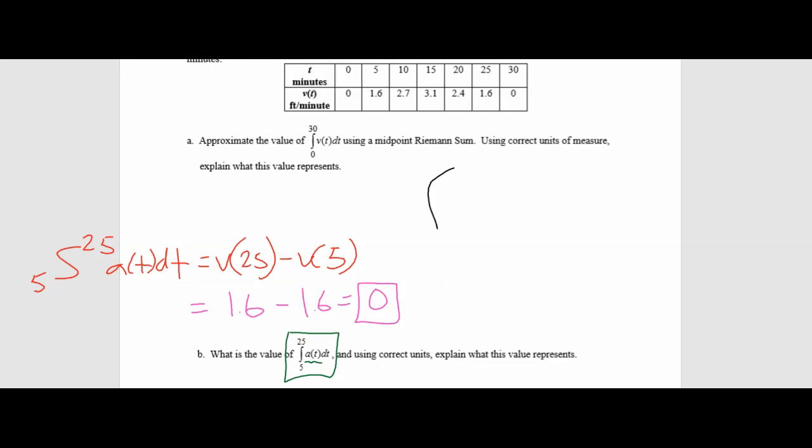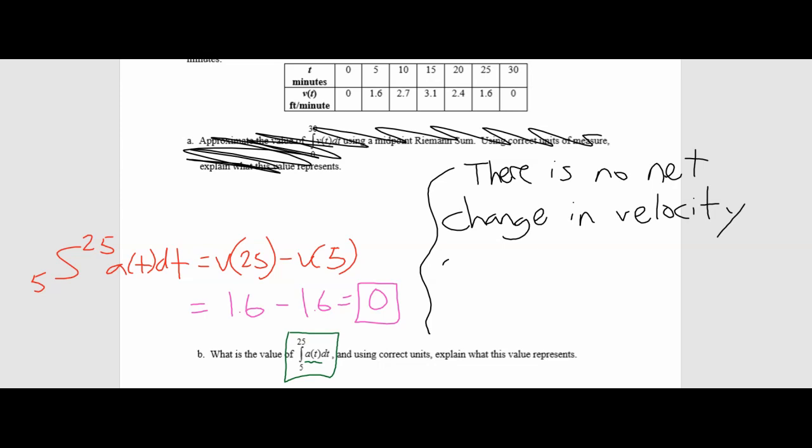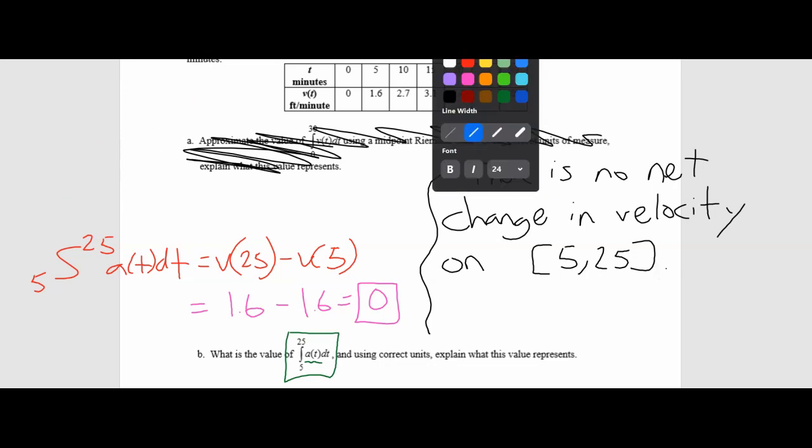I'm just writing it up here so we can see the chart as well as the problem at the same time. So we can say there is no net change in velocity on the interval 5 to 25.